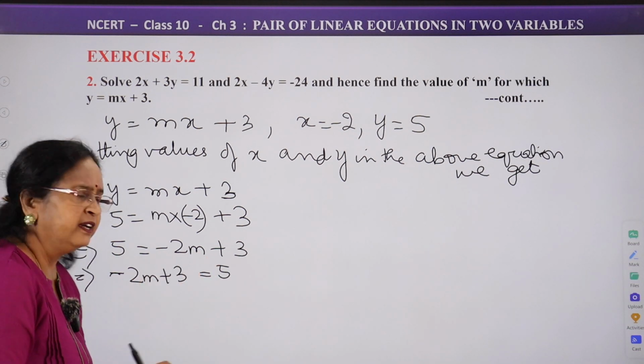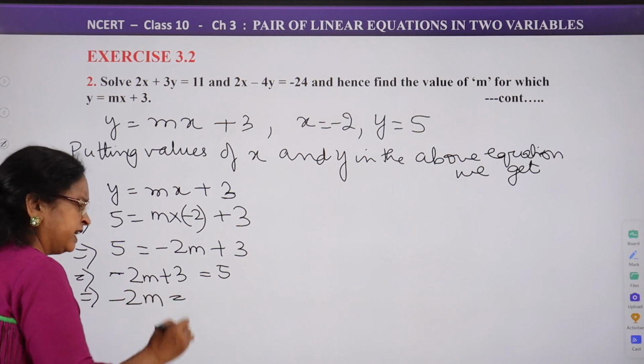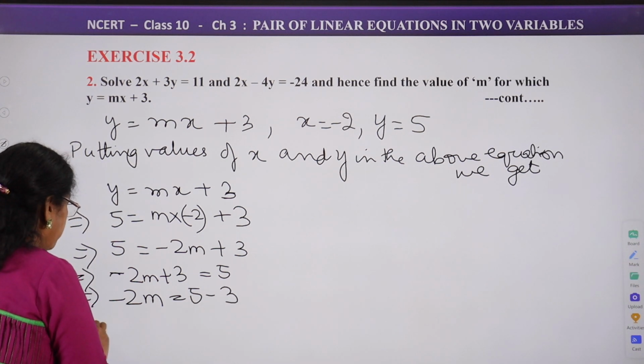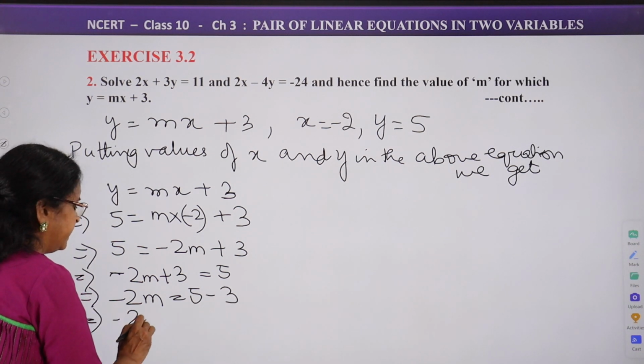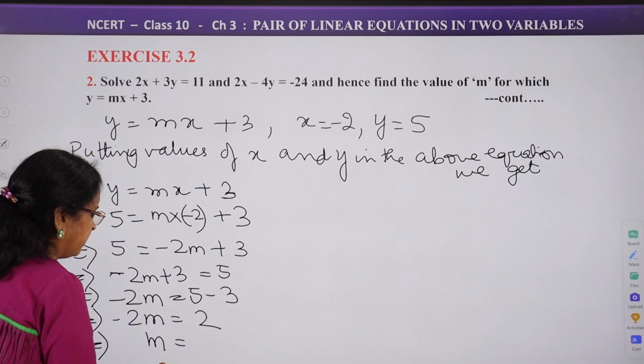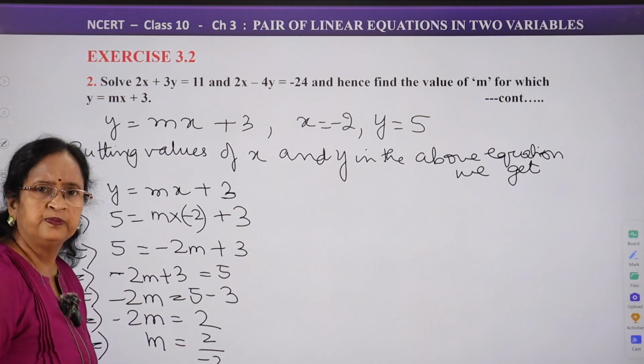Nothing I have done. Alright. That implies now putting the variable on the left hand side, I will write the numeral on the right hand side. Minus 2m is equal to 2. Implies m is equal to 2 by minus 2.